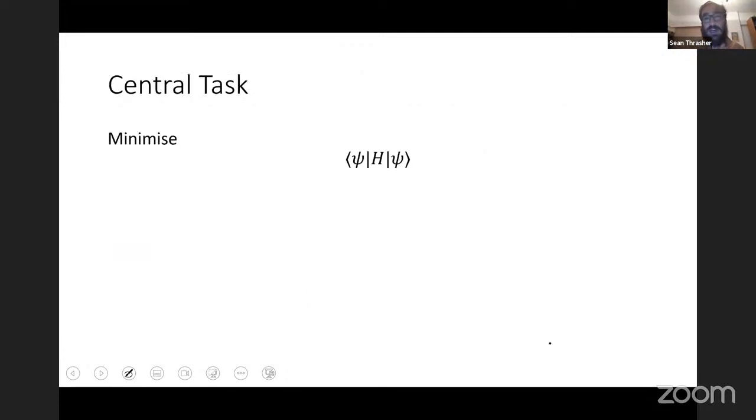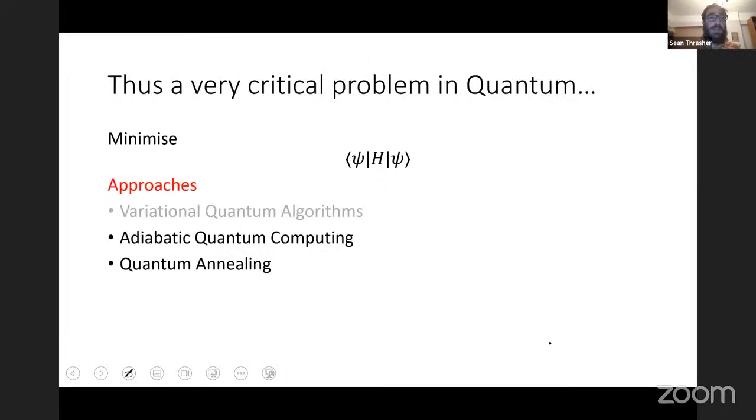So the central task is you now have a problem Hamiltonian H that comes from some abstract computer science problem, and you want to minimize or maximize its value. And this is a problem that's really studied, and there are many different approaches.